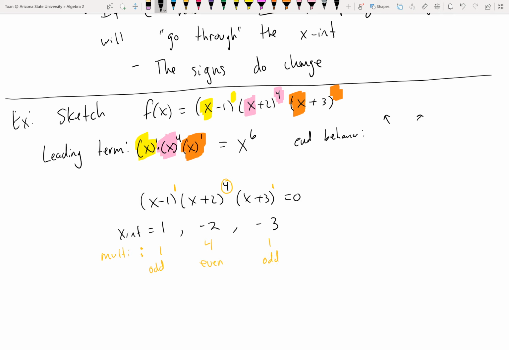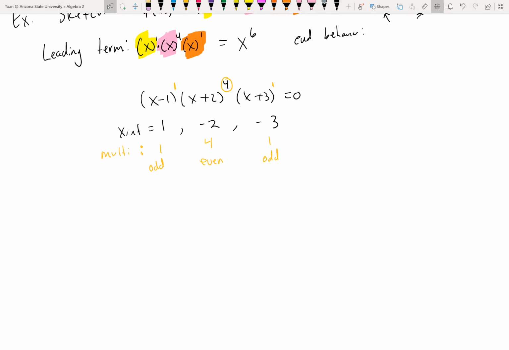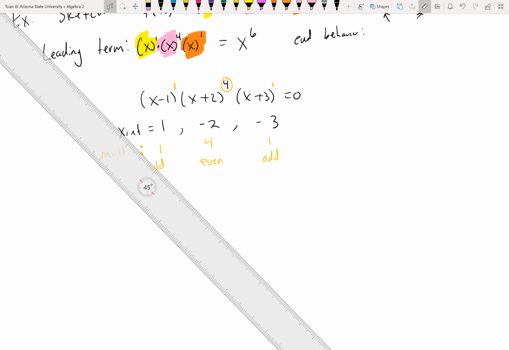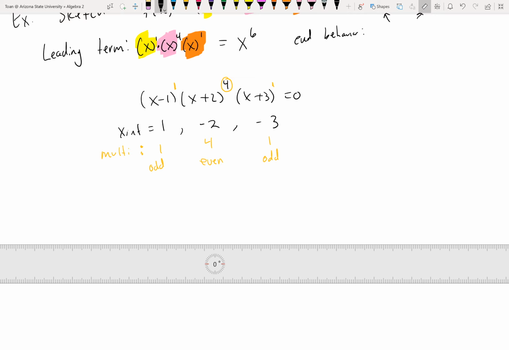Now we can go ahead and do a pretty decent sketch. So I'll go ahead and draw, I'll use the ruler here, a quasi-axis.